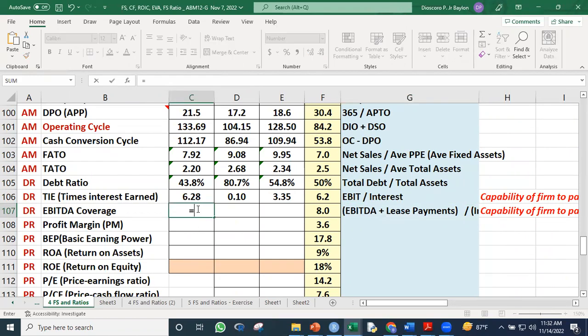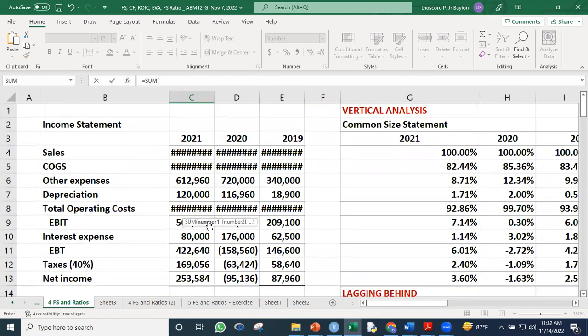So this one is equal to, we will sum natin si EBIT, okay, earnings before tax, EBITDA, no? So EBITDA is, saan si EBITDA? Okay, so that's your sum ni EBIT plus depreciation.